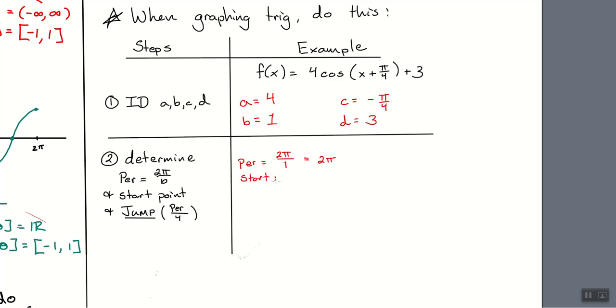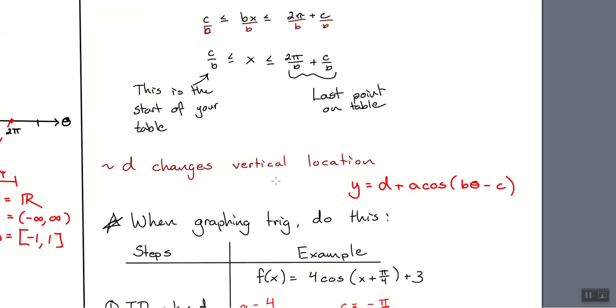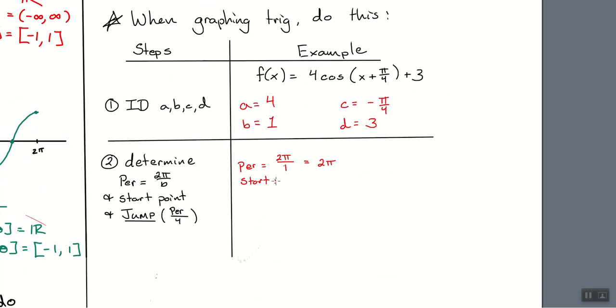The start point, we did that compound inequality just a moment ago. 0 changed to something in our compound inequality. It's c over b, right? What is c in this problem? Negative pi fourths, and it's really over 1, equals negative pi fourths. Okay, we've just identified the very first x or theta value on our table.